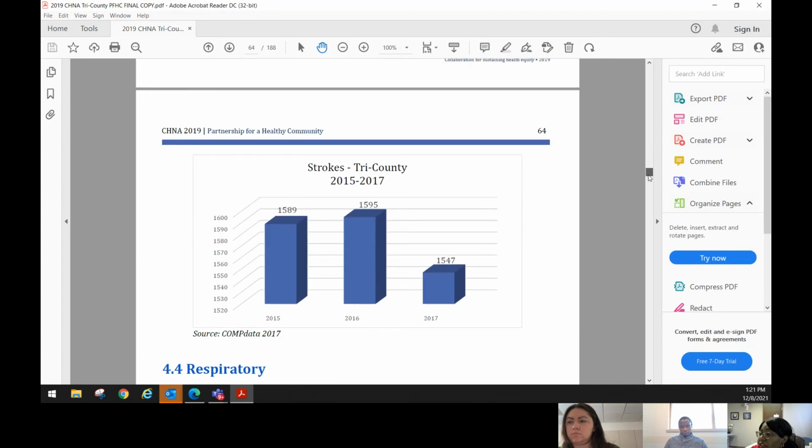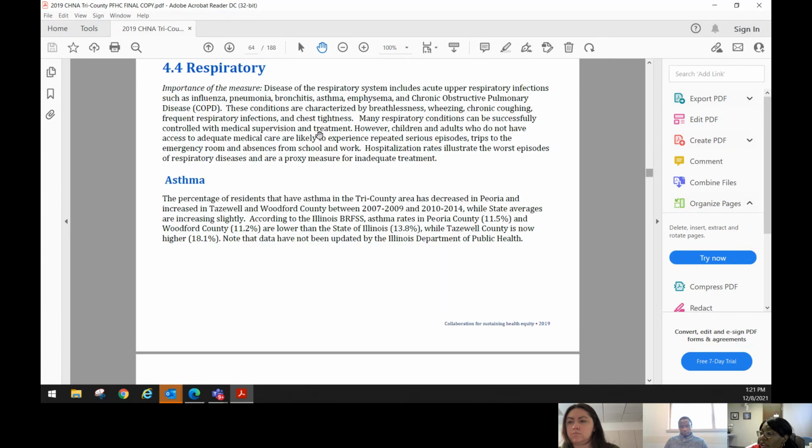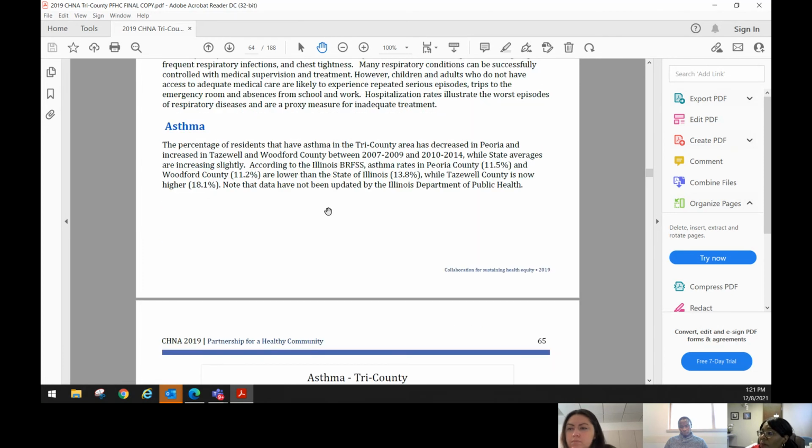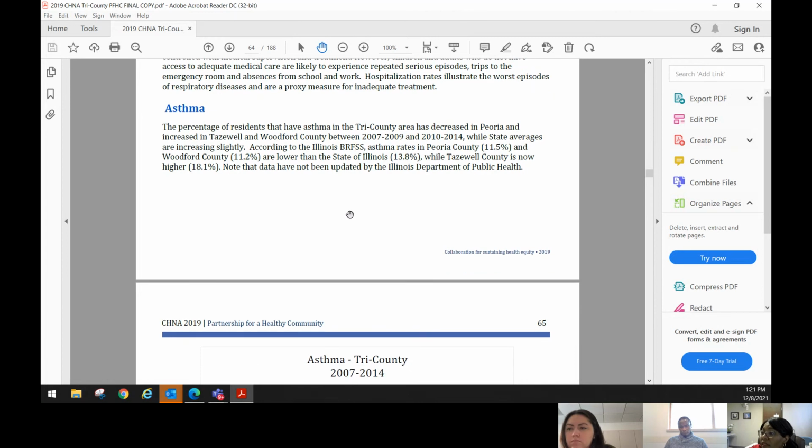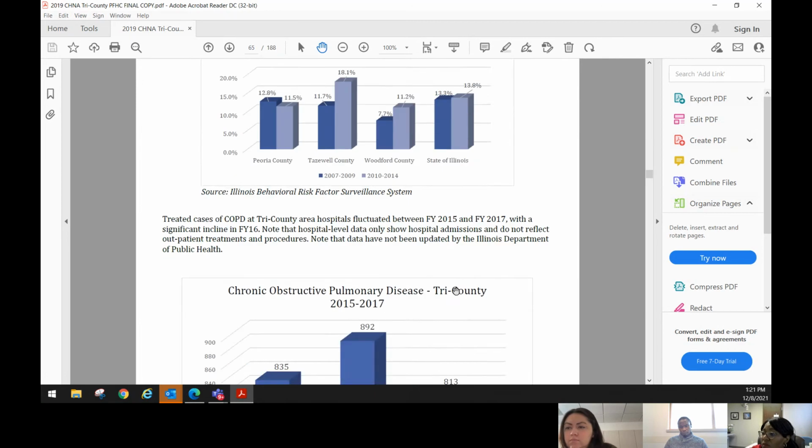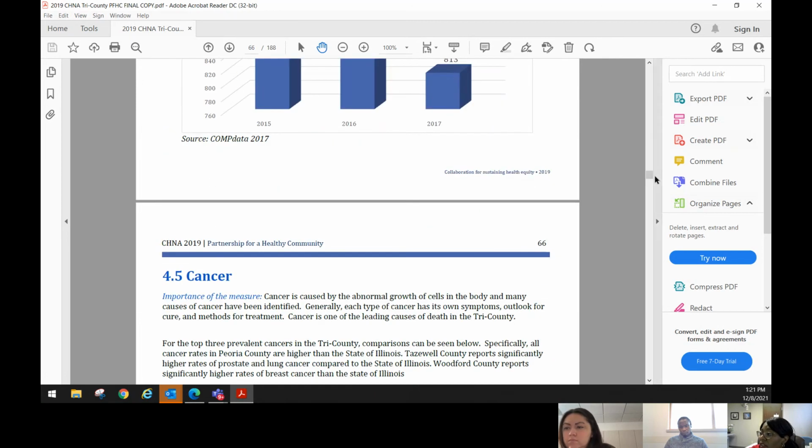So those are the various health categories. And then it talks about the importance of the measure. Like, why did we choose this measure, right? And it has the data to verify why these chronic diseases are even on our radar for consideration. So you all can look at that.